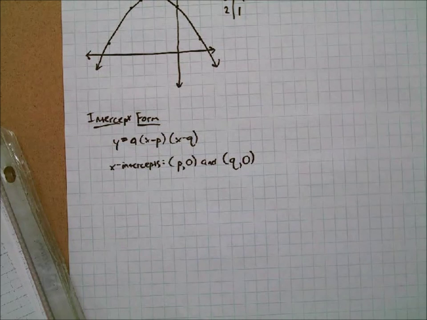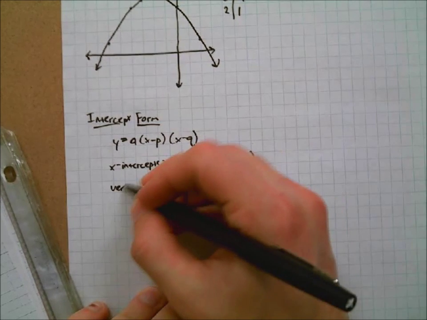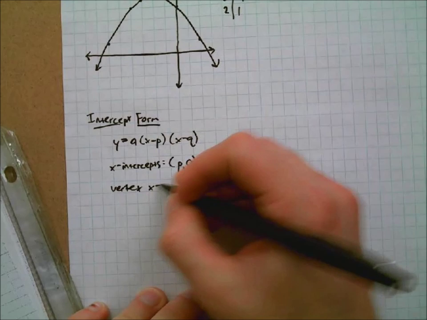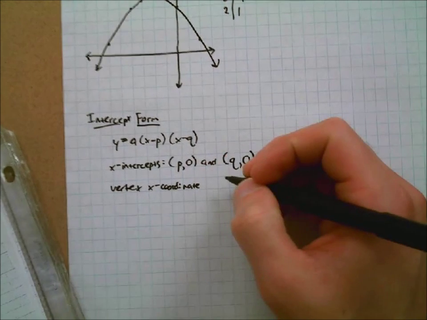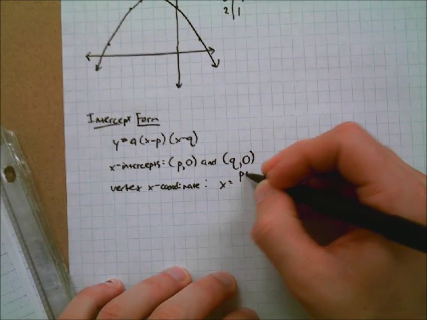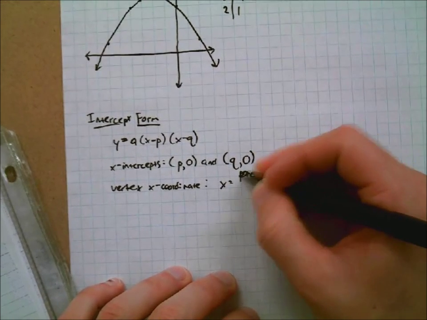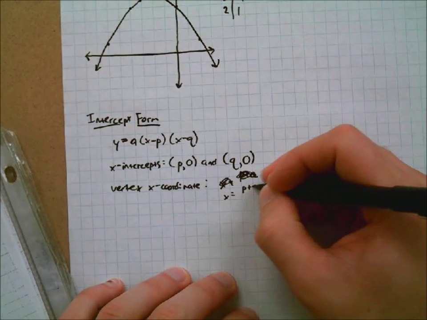Add them, divide by 2. So because of symmetry, the vertex x-coordinate will just be x equals p plus q over 2.